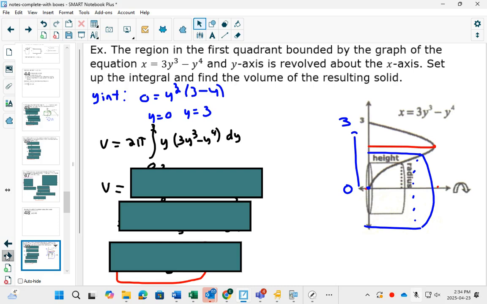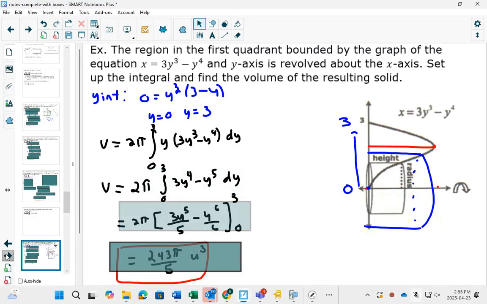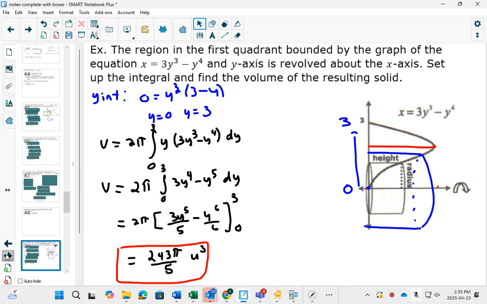That's your 2 pi r. The height of your cylinder is your function, which is given to us. And the thickness of our cylinder would be dy. Adding up all those cylinders, again, now it's just the math part, lets us figure out the volume that we couldn't figure out otherwise.